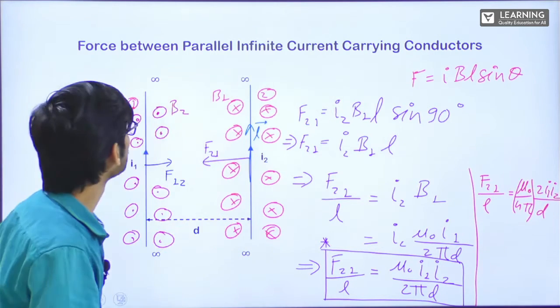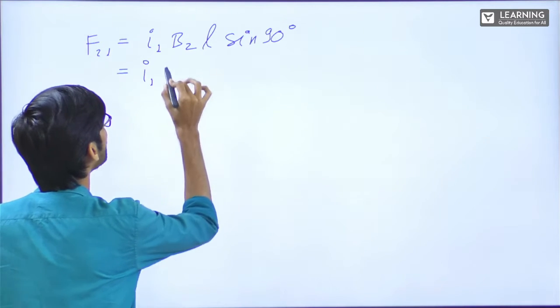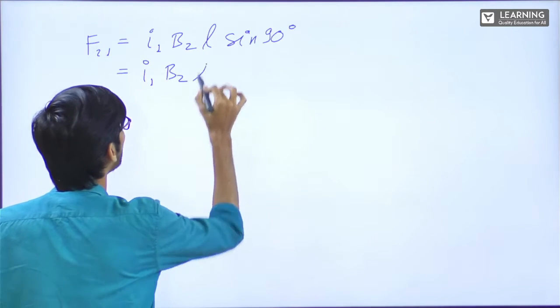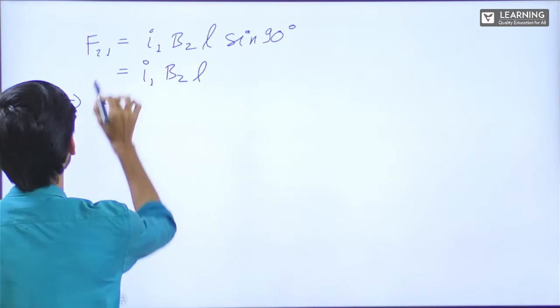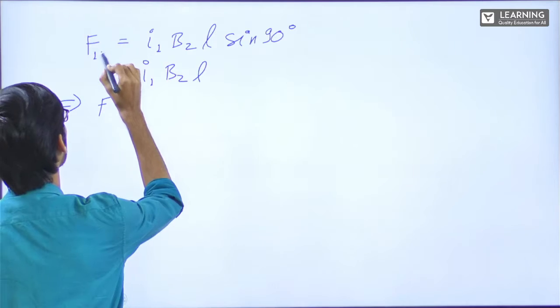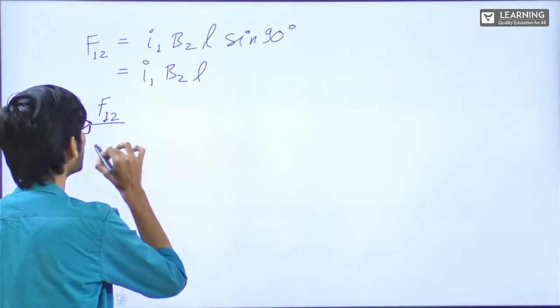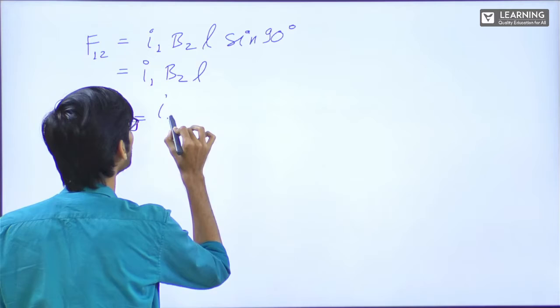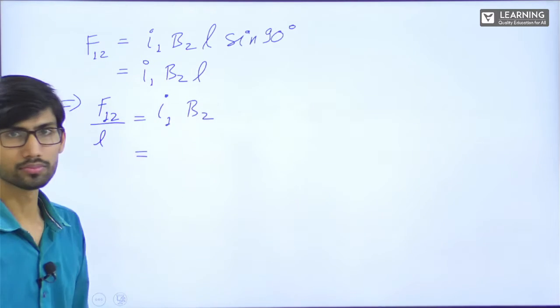Alright. So this will be I1 B2 L. This is force on 1 due to 2. So force on 1 due to 2 per unit length will be I1 into B2. Now what will be B2?